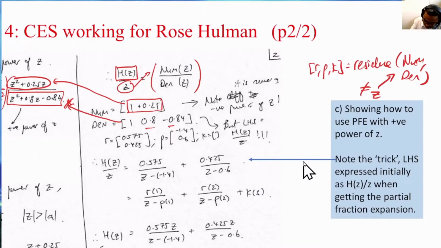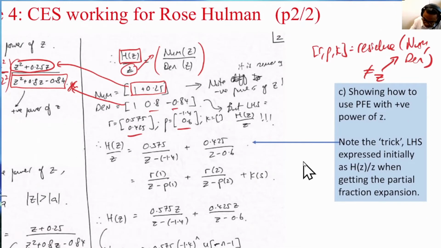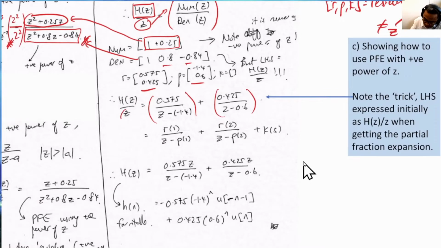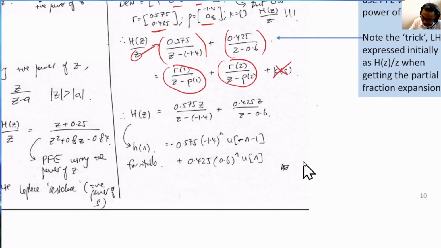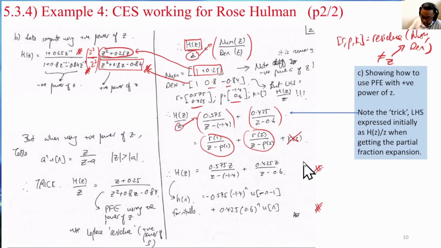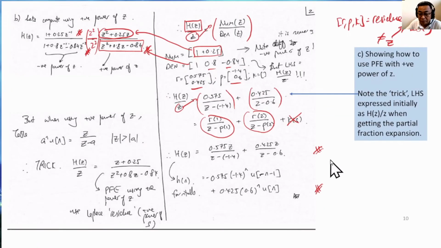Then you get this answer, and we substitute in. When you substitute in, we move the z to the right hand side, and we get it in this expression. k is equal to 0, and therefore now the answer is the same. So this is the trick using positive powers of z to solve the same problem. And that's it for this question. Thank you very much.